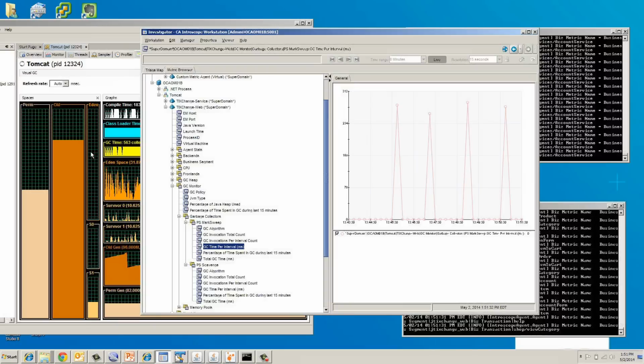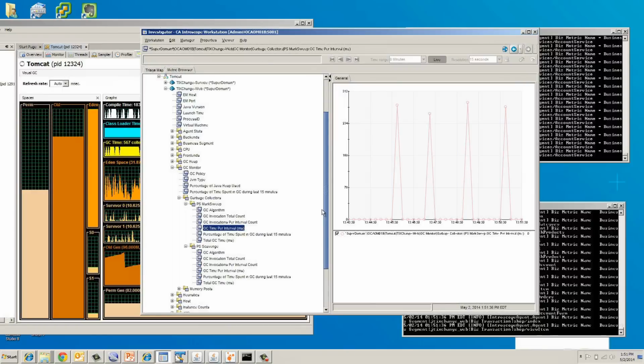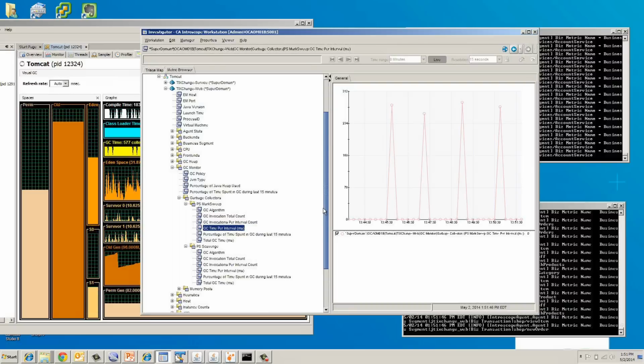When they occur in the Eden space, we talk about a minor GC, and you've probably heard that we want to use minors instead of majors, because majors take a longer time to perform than a minor, and hopefully you understand why, because of the phases, the marking, compaction.